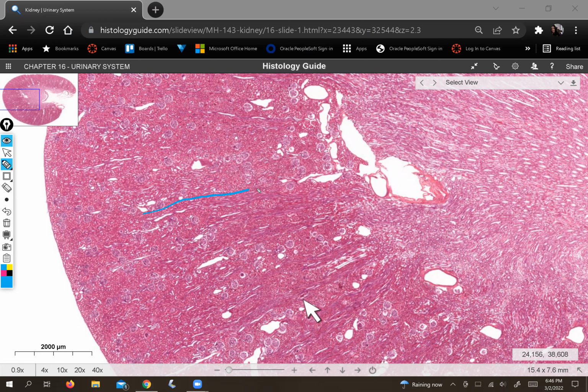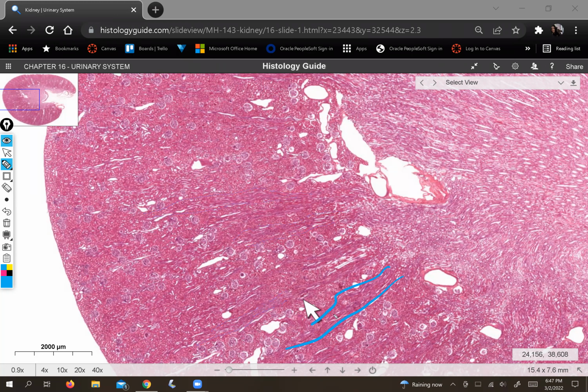So see these kind of streaks of longitudinal tubes that are positioned amongst and in between the little clusters of corpuscles. Those are all medullary rays. So rays referring to their sort of ray-like appearance, and medullary not because they're in the medulla, but because they are carrying pee down to the medulla, having collected it from all of the nephrons associated with all of these little corpuscles.